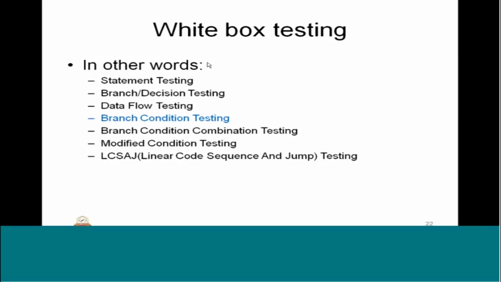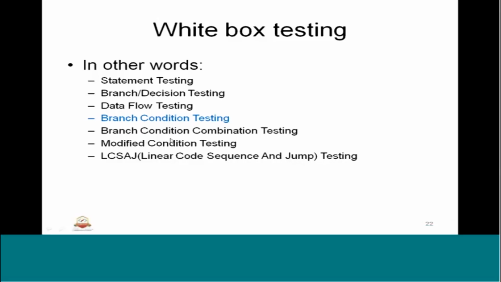In data flow testing, the data objects of different types will be tested. In the next session, we will study branch condition testing, branch condition combination testing, modified condition testing, and the last type, LCSAJ testing. We will also touch base on D1 and NCDC.